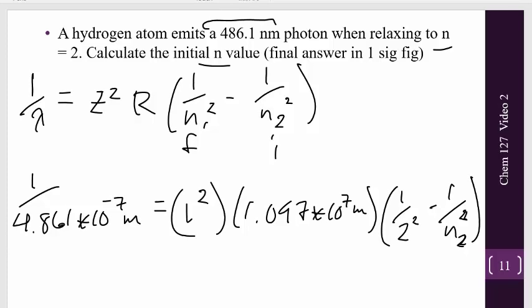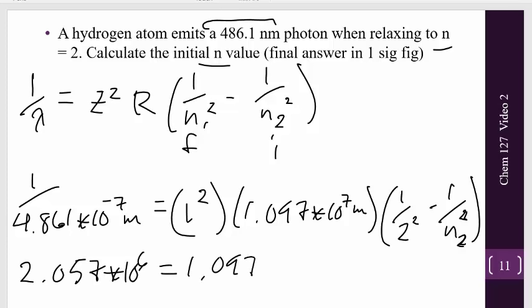Okay, so I like to simplify everything outside of the quantum number parentheses first. So for this, on the left side of the equal sign, I just do that division and get 2.057 times 10 to the 6th equals the 1.097 times 10 to the 7th.